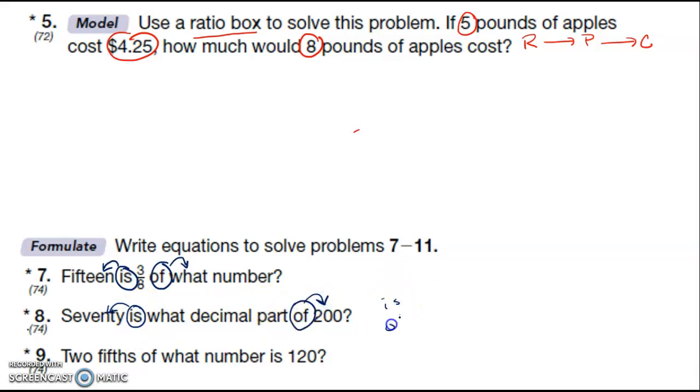So if I have is over of, 70 is what decimal part of 200. So I'm going to divide to get my decimal. 70 divided by 200 is 0.35.